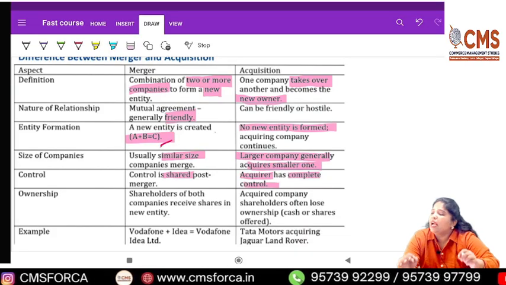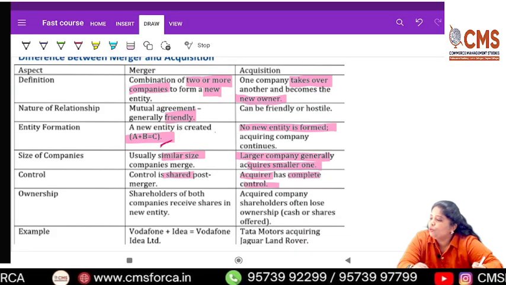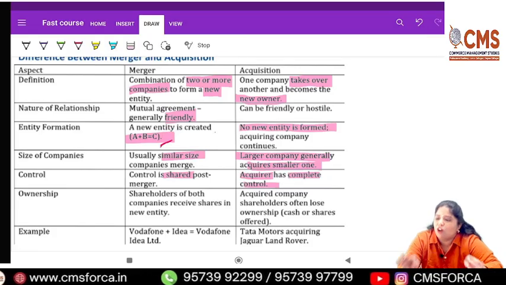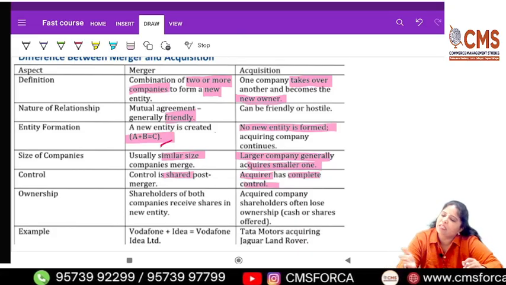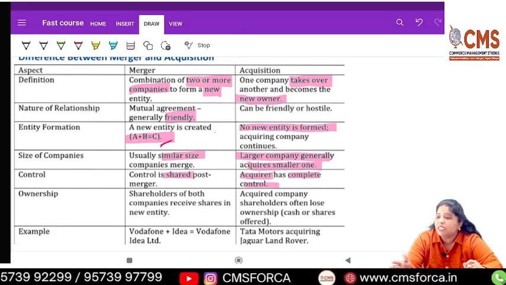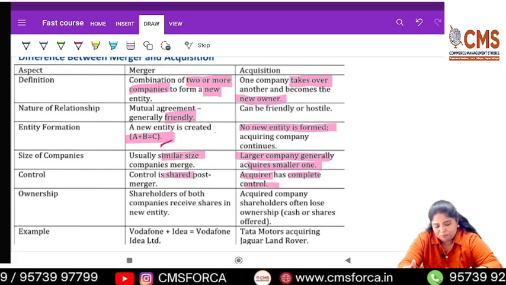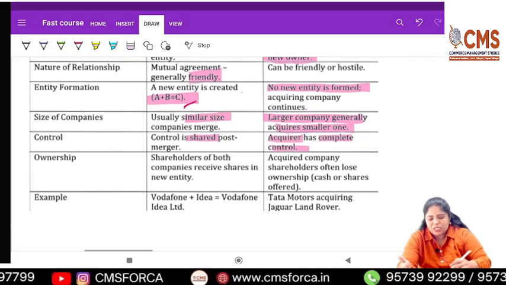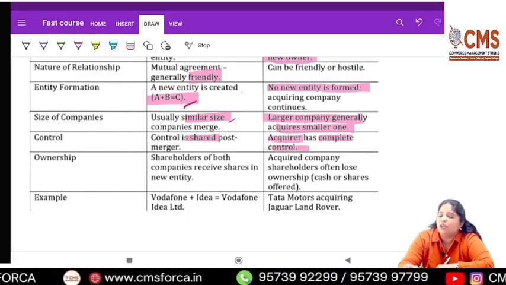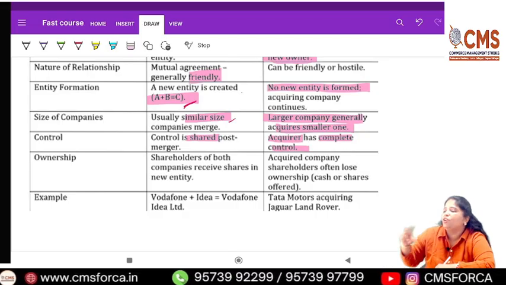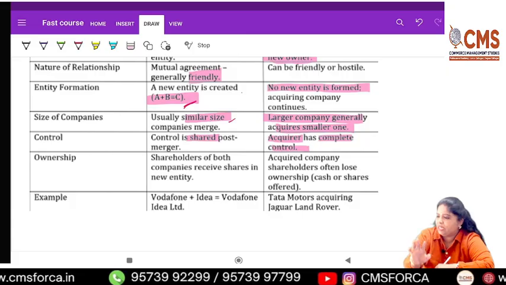But in an acquisition, is there a formation of a new entity? No. The stronger firm will continue to exist. The weaker firm may get absorbed into the stronger firm or may exist with its own identity. Now, in mergers, usually smaller size companies merge. And with acquisition, a larger firm usually acquires a small or weaker firm.